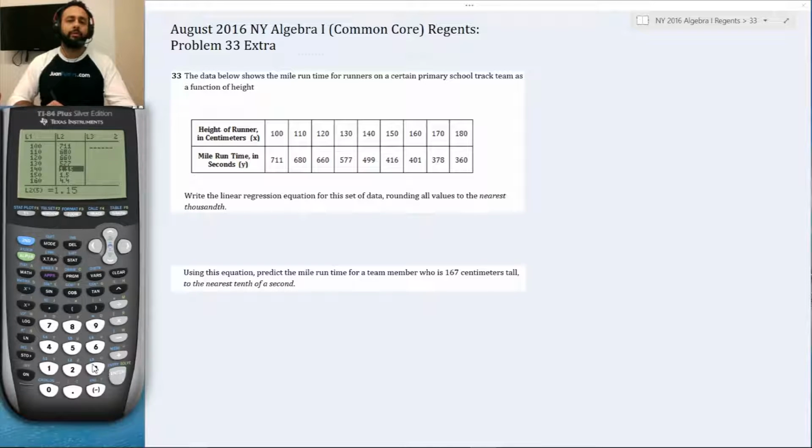Notice that when I type right away, it immediately deletes the rest of the content from the cell. 499, 416, 401, 401, 378, and 360.